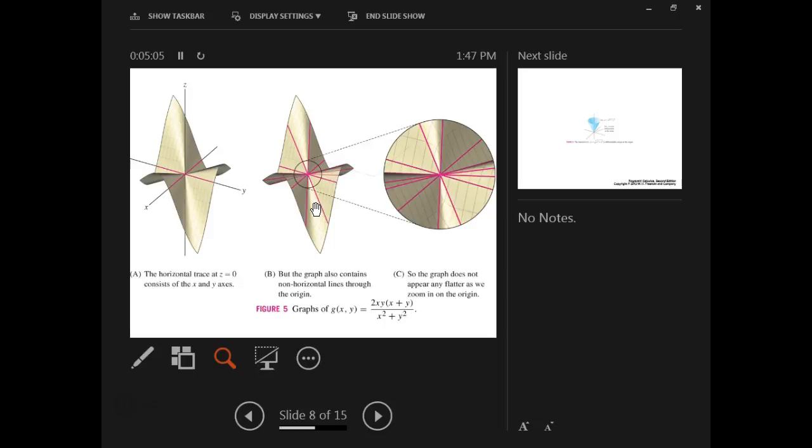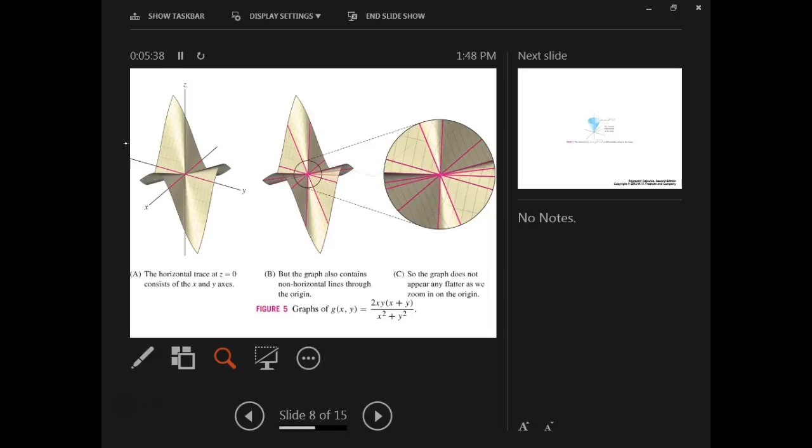The horizontal trace at z equal to 0 consists of the x and y axes, and that's all, folks. If you do a trace across there, you just get the x-axis here and the y-axis there. That's the only slice of that. But the graph also contains non-horizontal lines through the origin.